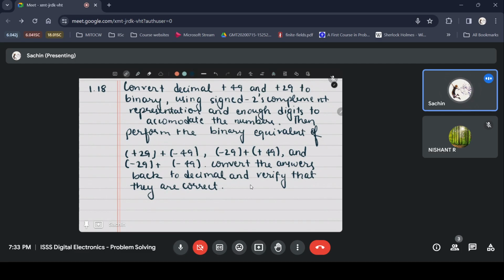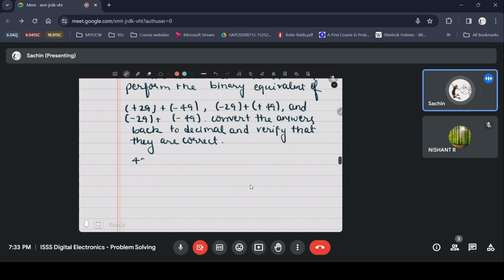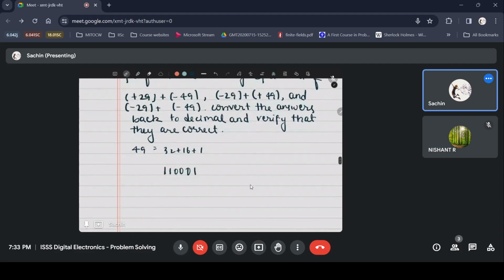So here you first convert 49 into binary. 49 is 32 plus 16 plus 1, so you'll have 1 in the 16's place and 32's place. 29 is nothing but 16 plus 8 plus 4 plus 1, in binary.